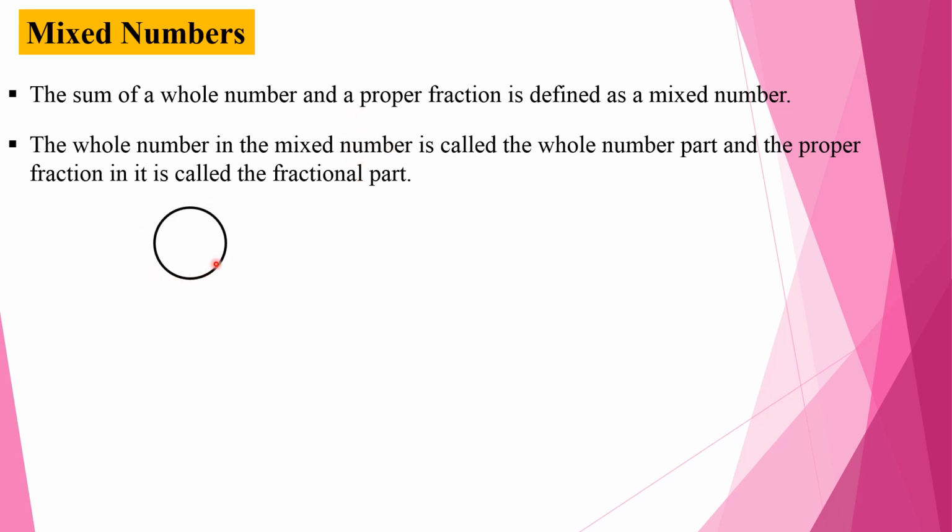Suppose there's a whole unit. I take a circle as my whole unit. Now I am going to divide this into 4 equal parts. Now you can see I have divided this circle into 4 equal parts, and I am going to shade one part of this.